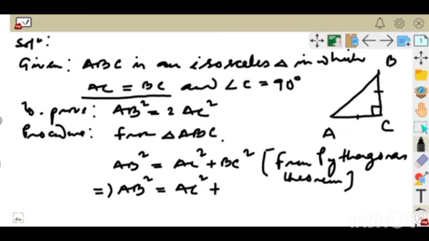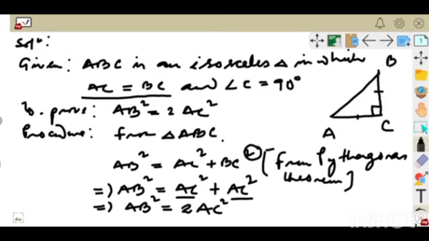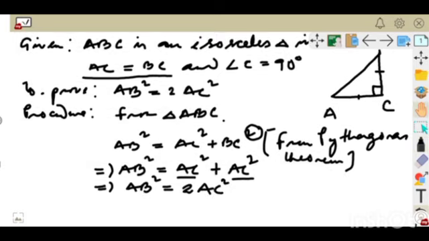So in place of BC, let me write AC. Then we have here square, so I need to write here square. Okay, then what happened? AB square equal to what? Here AC square, so we have here twice AC square. This is how we have done the proof.